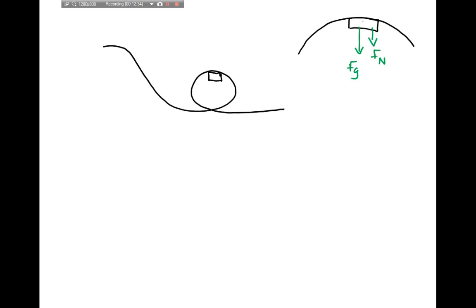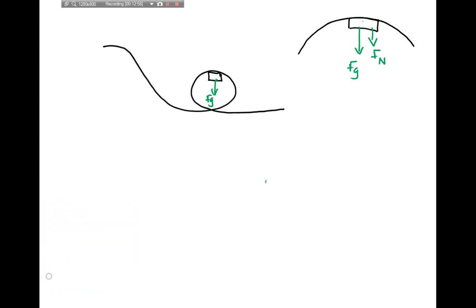So the force being exerted on the coaster, if it has just enough speed to make it through the loop, is just the force due to gravity. And this force is pointing inwards towards the center of its circular path. When it goes around a loop, it's traveling in a circular path, so we know the acceleration is going to be v squared over r.